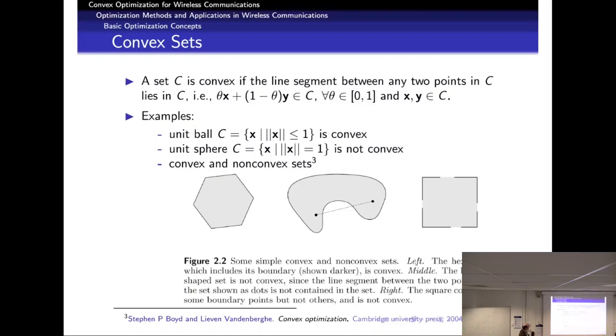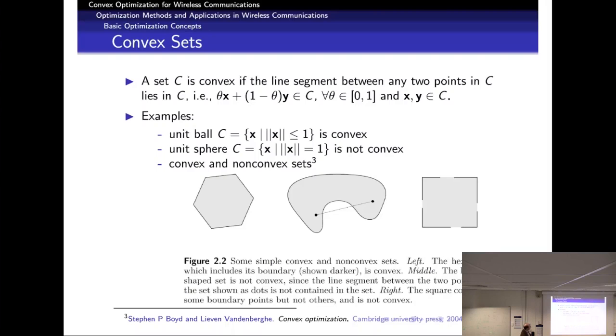A set is convex if you take a line segment between any 2 points in this set. A line segment would be written typically like this: you have a point X in the set, another point Y in the set, and by taking the line segment, you take all points between X and Y by adjusting theta.